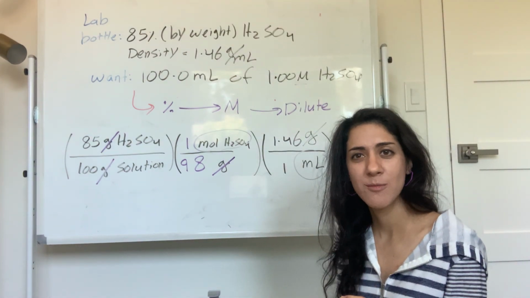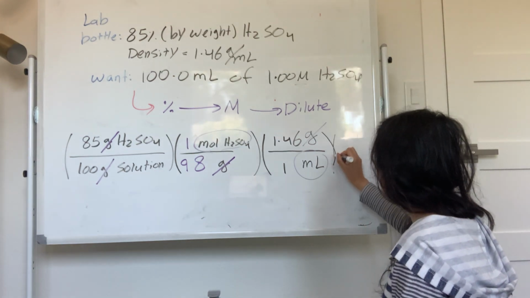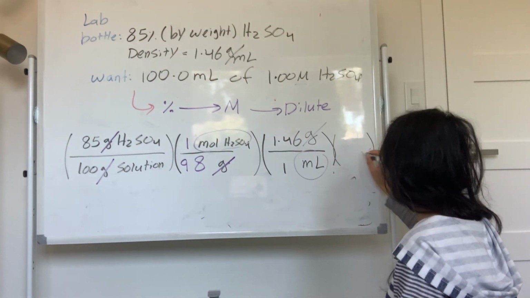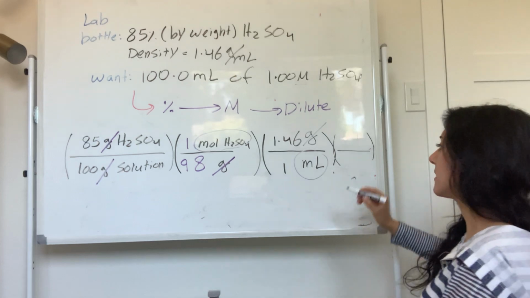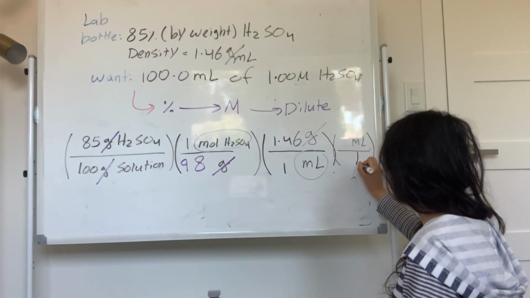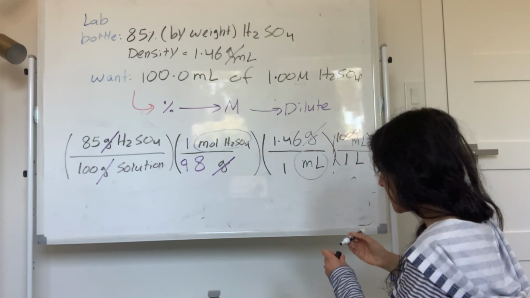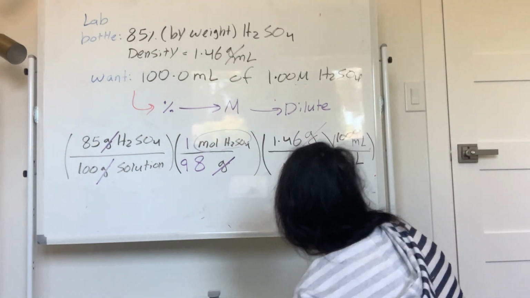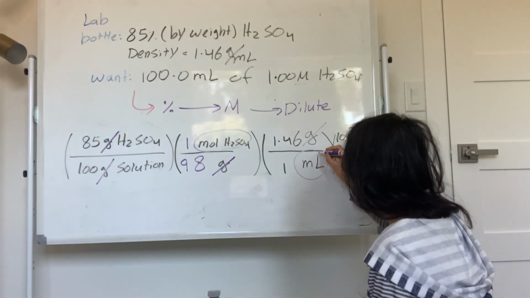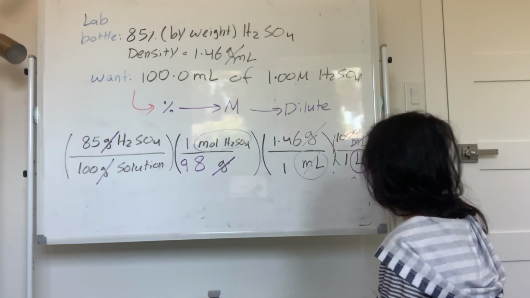What do I need? Molarity is moles per liter. So the last thing to do is convert the milliliters into liters. I don't want mL, it goes on top. What I want is liters. 1 liter is 1,000 milliliters. Okay, so now the mL also cancels out, and what I end up with is liters.